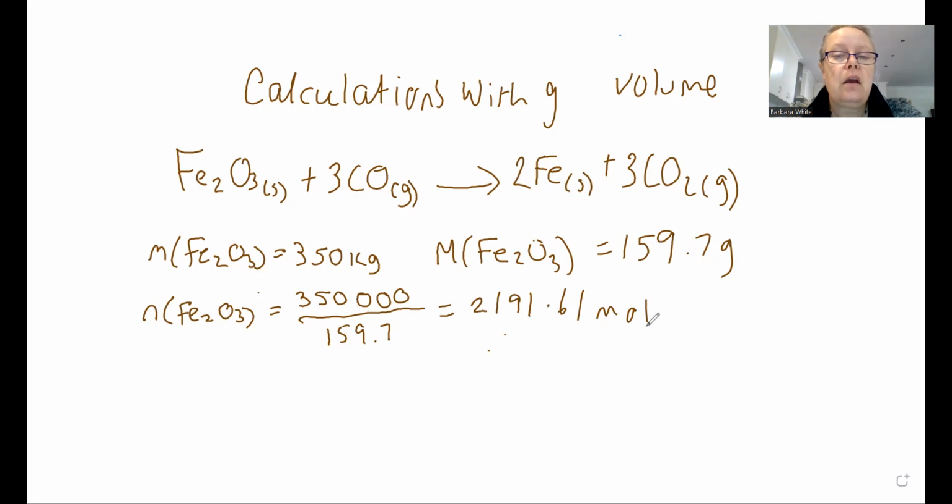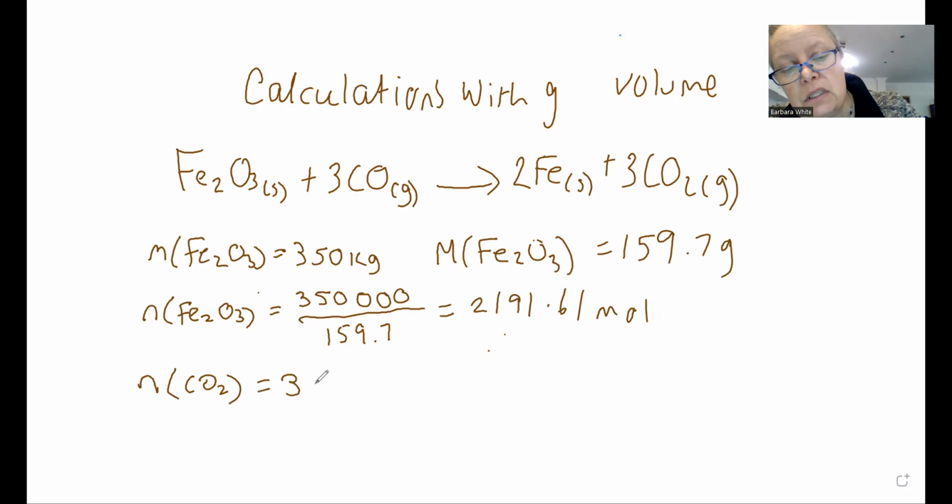Moles of iron oxide. For every 1 mole of iron oxide, I've got 3 moles of carbon dioxide. So leaving that number in the calculator, I'm going to triple it. But first I'm going to write down what I'm doing. Number of moles of carbon dioxide is 3 times the number of moles of Fe2O3.